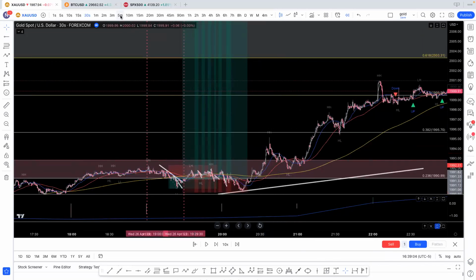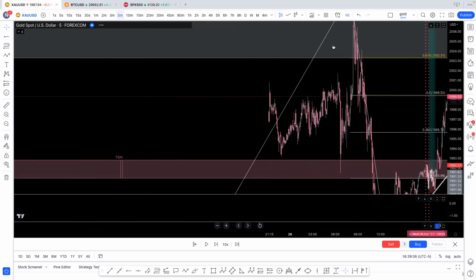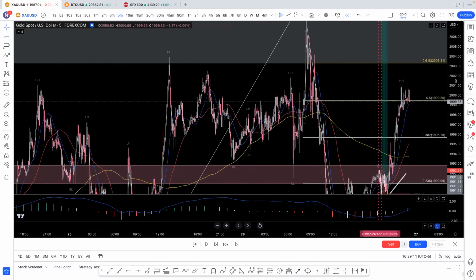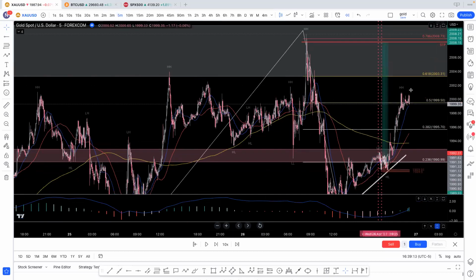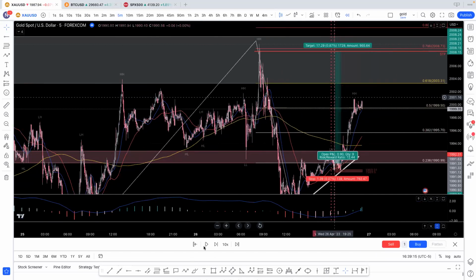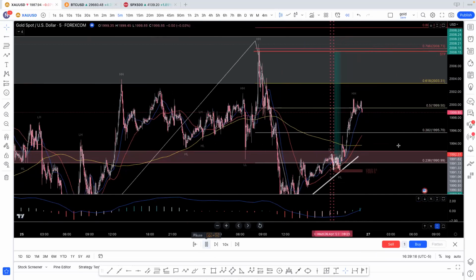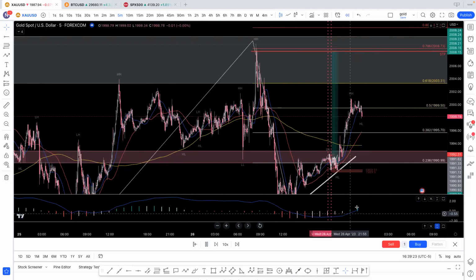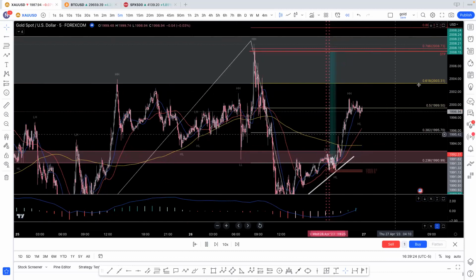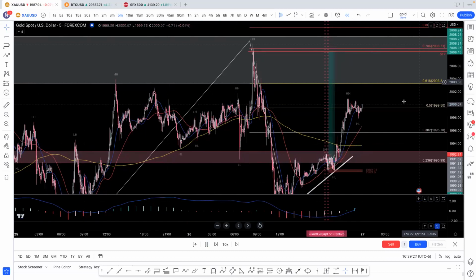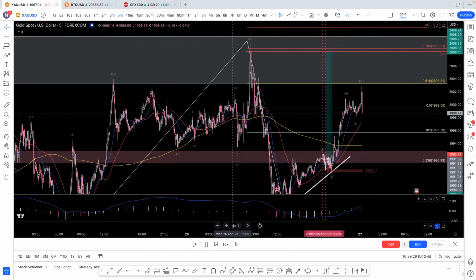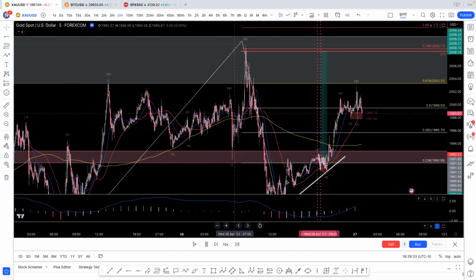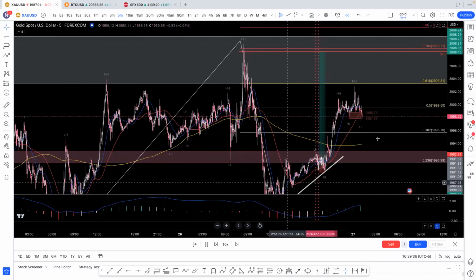I'm just going to go to a higher time frame just so I can show how this played out a bit more quickly. So look at here, I got my MACD break right up here. Price continues. Like everything is looking favorable.